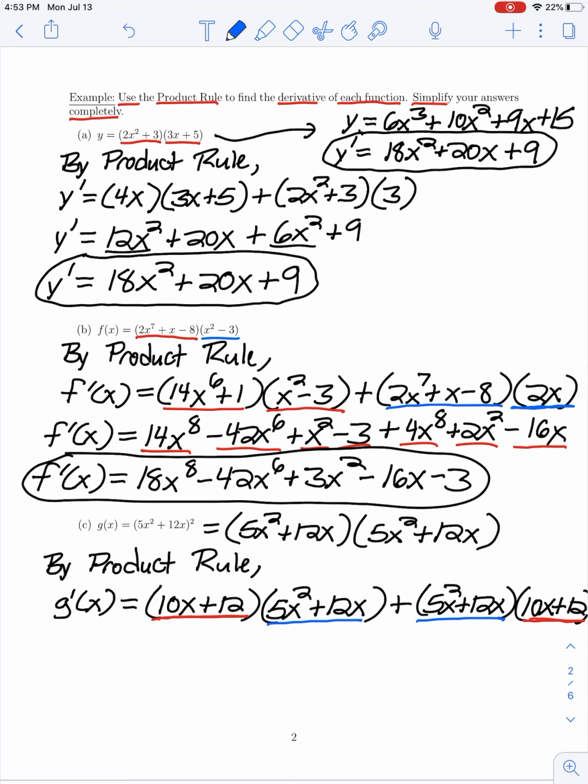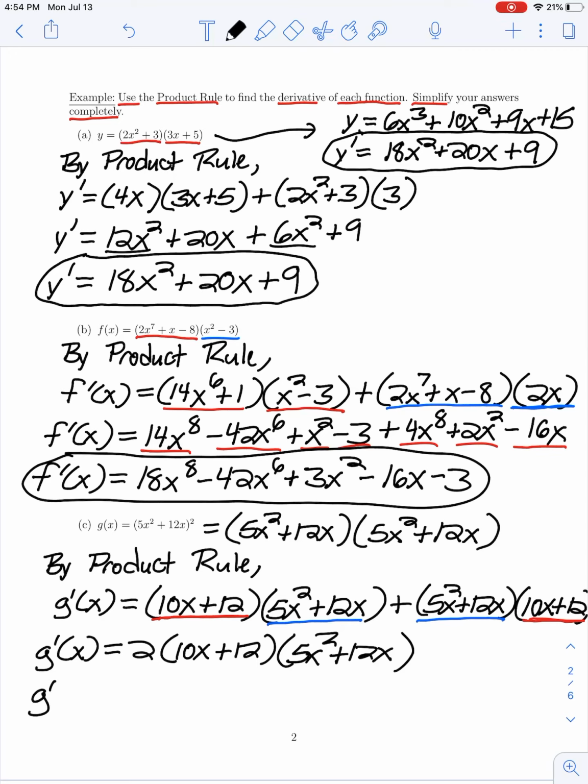So I can rewrite this as follows. I have 2 times 10x plus 12 times 5x squared plus 12x.